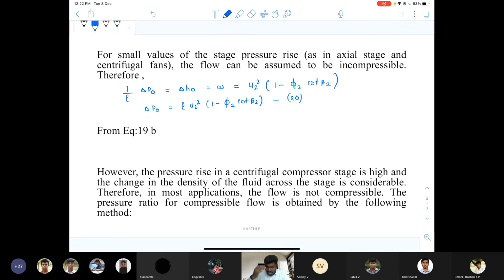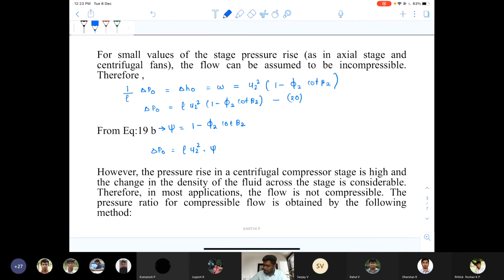Now from equation 19b, that is, the pressure coefficient is equal to 1 minus the flow coefficient at the exit into cot beta 2, which we have just derived, if you substitute this as the pressure coefficient, you get delta P naught equal to rho times U2 square into the pressure coefficient.